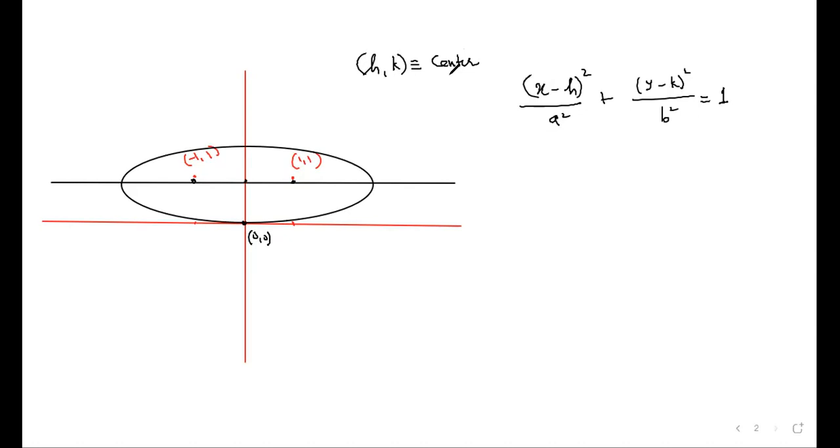Is this point clear? Yes, sir. So you have to first tell me what is h and k, what is the center of this ellipse. Then we have to calculate what is a and b. The midpoint of the foci is the center.